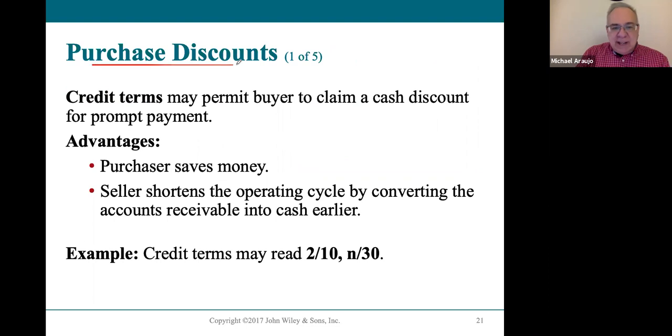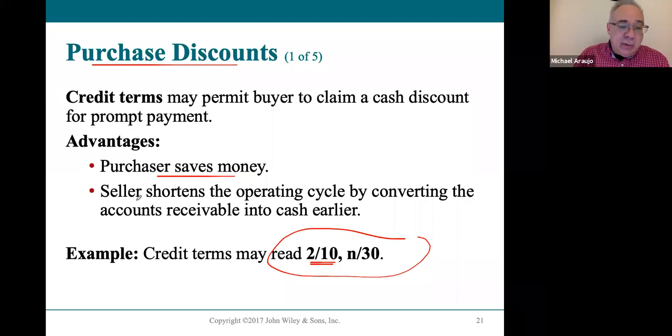Your book goes ahead and explains what we call a purchase discount. Purchase discounts only apply if the buyer decides to pay early and take the discount. It's good for the buyer to pay early because they save money that way. And it's good for the seller when they get paid early because they're not waiting for their cash.